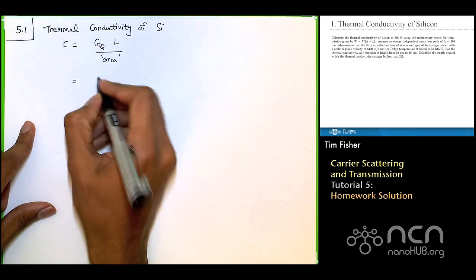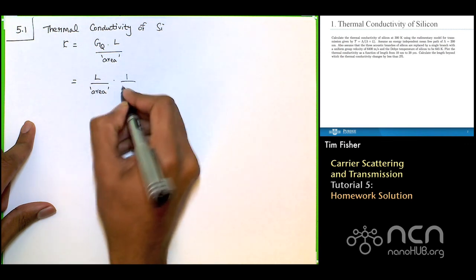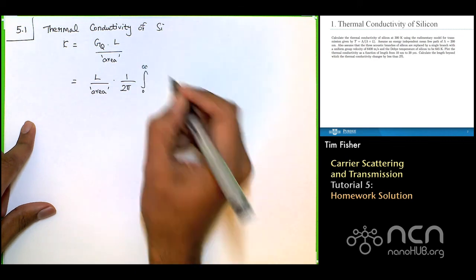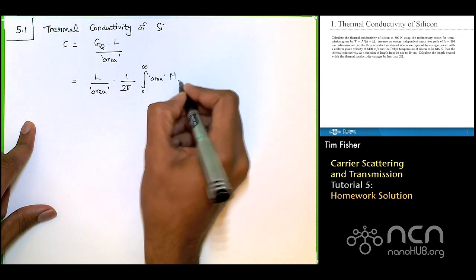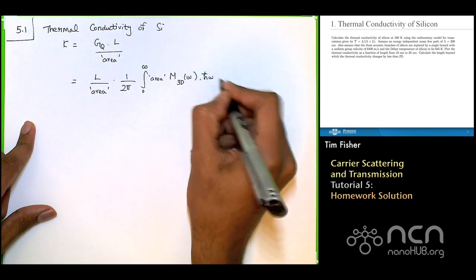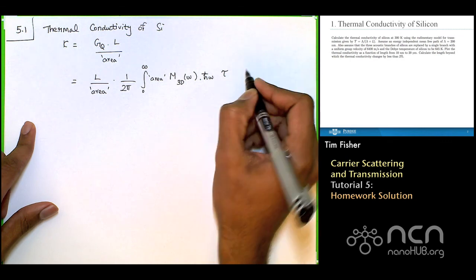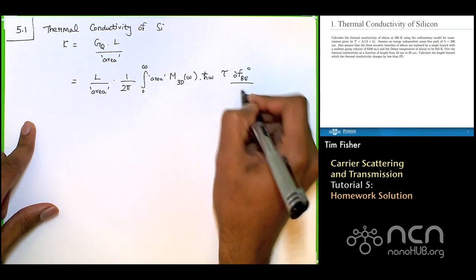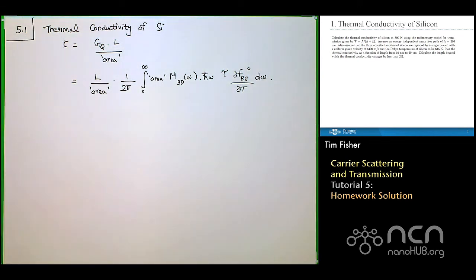So this is given by L by area times 1 by 2 pi integral over frequencies from 0 to infinity of area times the mode density times the phonon energy h bar omega, and then the transmission function T times the derivative of the Bose-Einstein distribution function, and this is integrated over all frequencies.